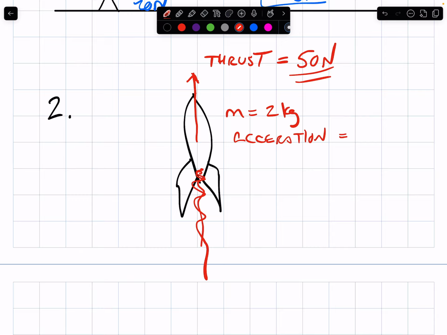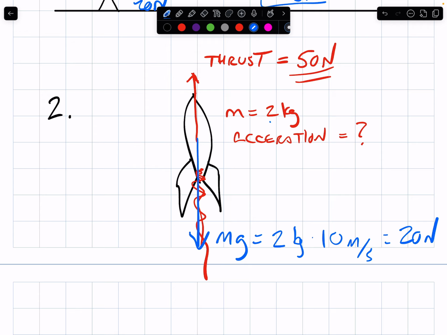How much speed does it gain every second that the engine is burning? So I need to draw the other forces acting on the rocket. There's just one other, and that's the weight of the rocket, which is mg. For a rocket with a mass of 2 kilograms, that is 2 kilograms times 10 meters per second squared, so that's 20 newtons.